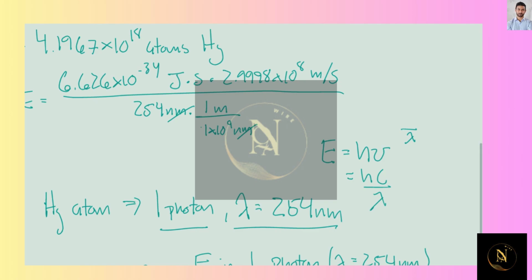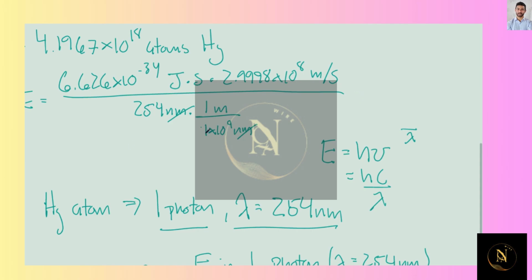6.626 times 10 to the negative 34, times 2.9998 times 10 to the 8th, divided by 254, and that 254 is over 1 times 10 to the 9th, so we could say 254 times 10 to the negative 9th.